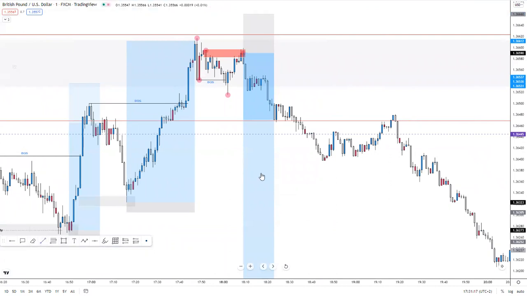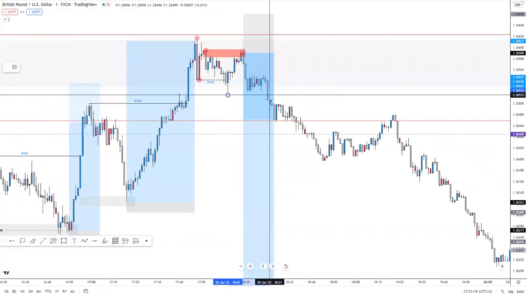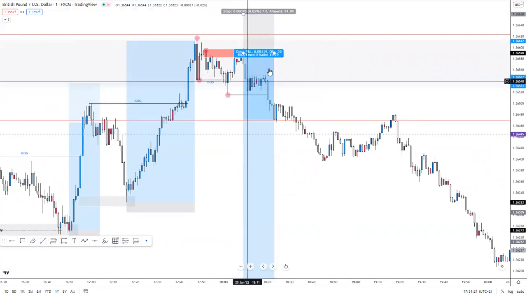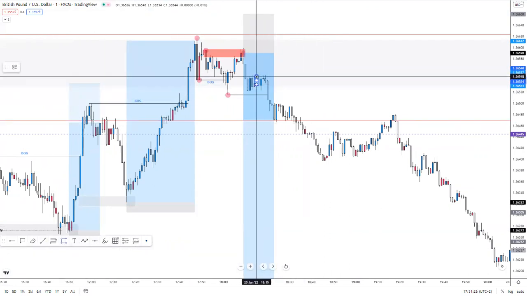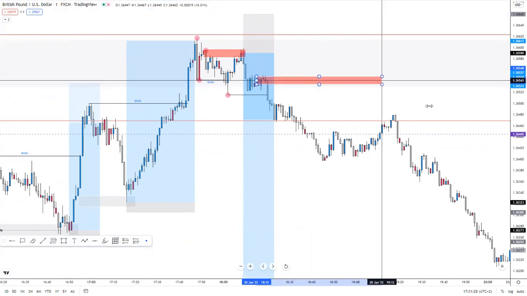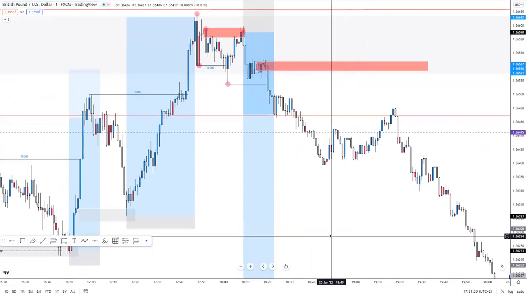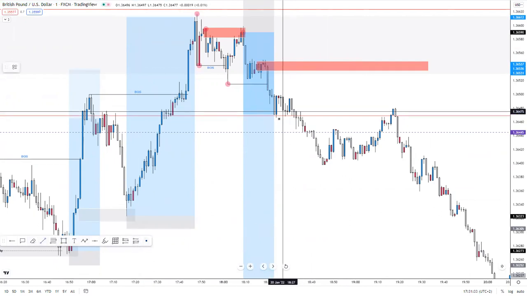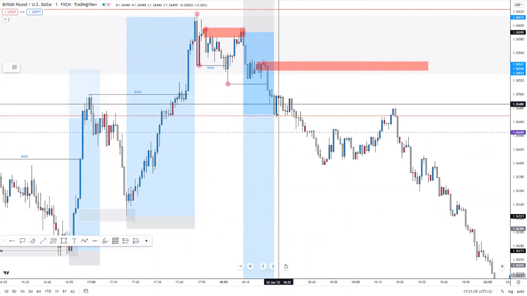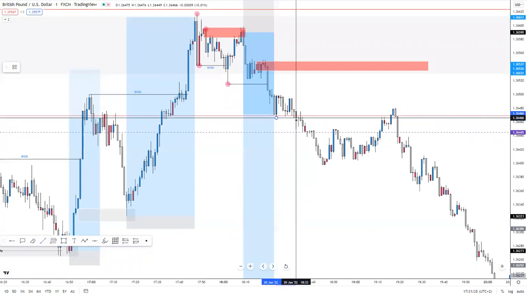From there, what happens is we break structure again. We have this area of interest. We will obviously mark it up, because we never know, price can come back into that area. We mark it up because now we're selling. Price then comes through, creates this bullish push here, and then what does it do? Break structure again.